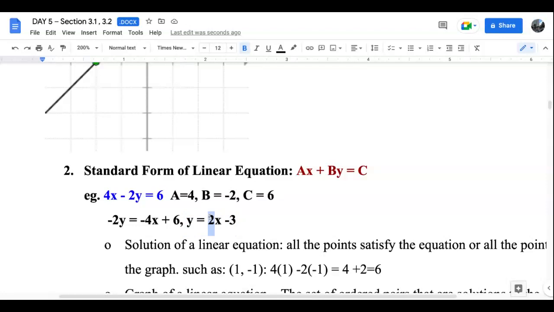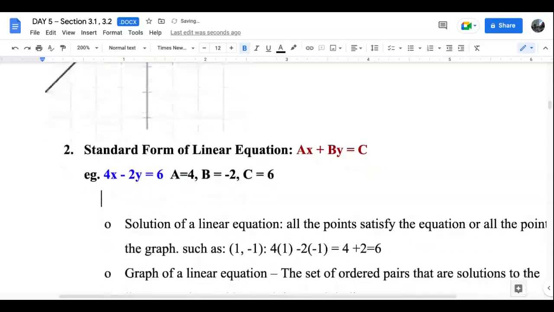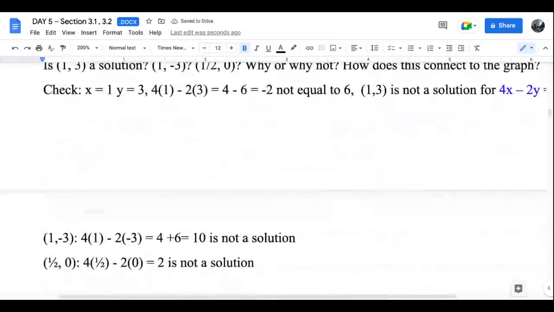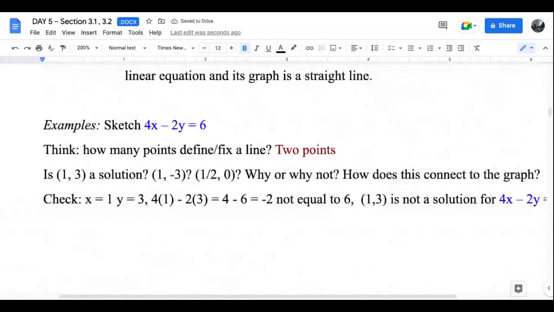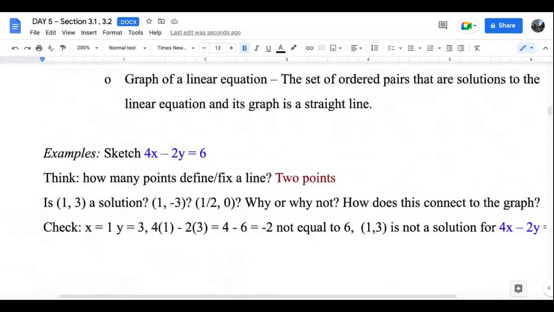Now this 2 is m. And so for the purpose of graphing it, we only need to get 2 points, at the most 3 points.